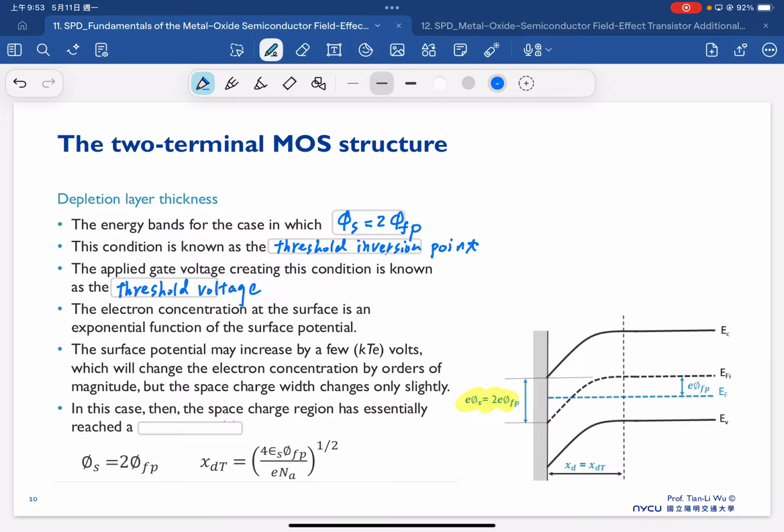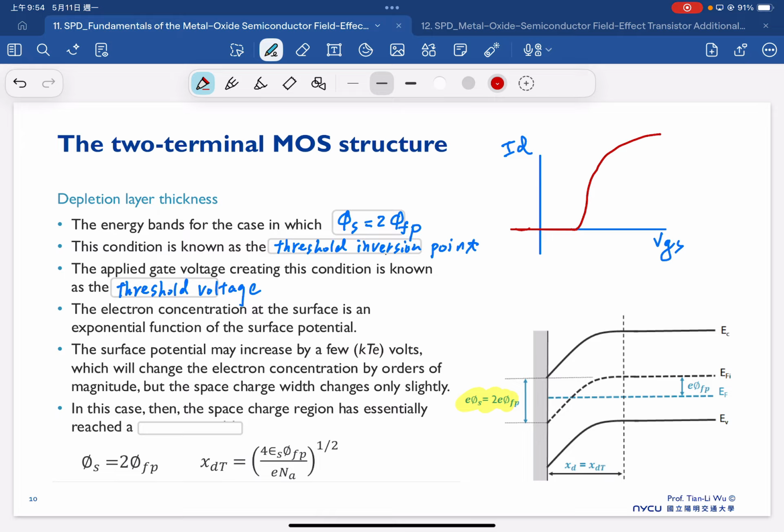And this is exactly the condition that, if you look at our typical ID versus VD characteristic, once we start to apply the bias with a certain condition, once the bias is large enough, then we will start to see the current flowing here.